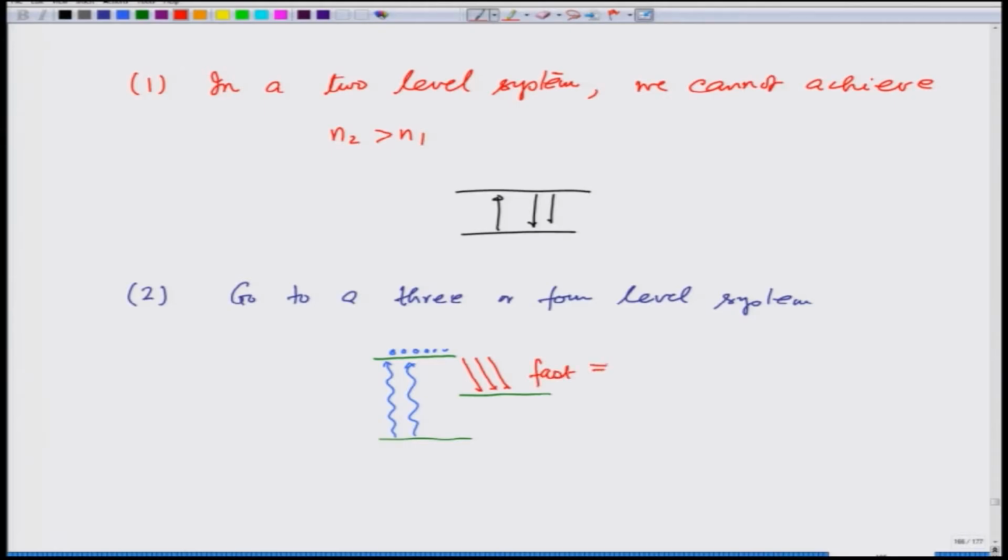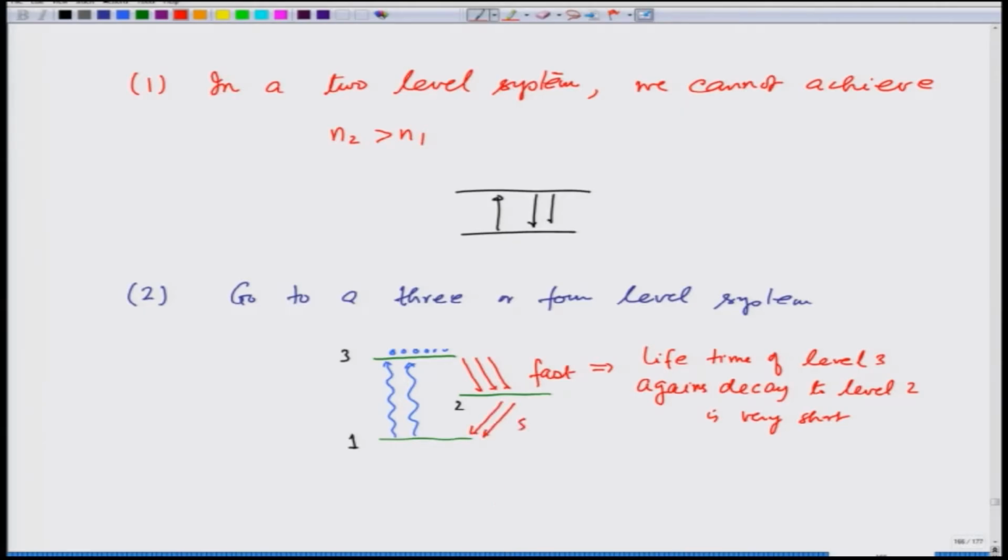What that means is the lifetime of level 3, I am going to name them now level 1, level 2, level 3, against decay to level 2 is very short. And when I say very short, that means this is slow, 2 to 1 is slow.